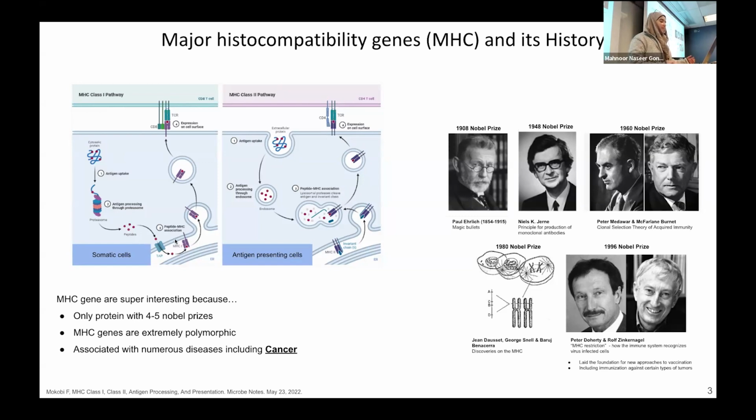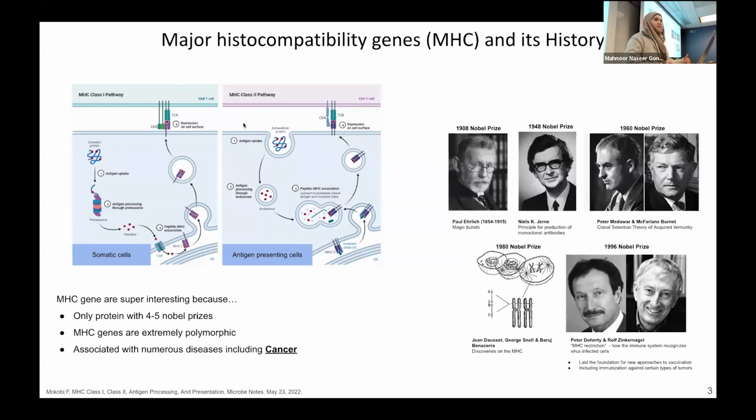These peptides are taken up by the MHC class 1 molecule, and this complex of MHC class 1 plus these peptides then goes to the cell surface and presents itself to CD8 T cells to bring about an immune response. MHC class 1 is said to be expressed in all somatic cells.